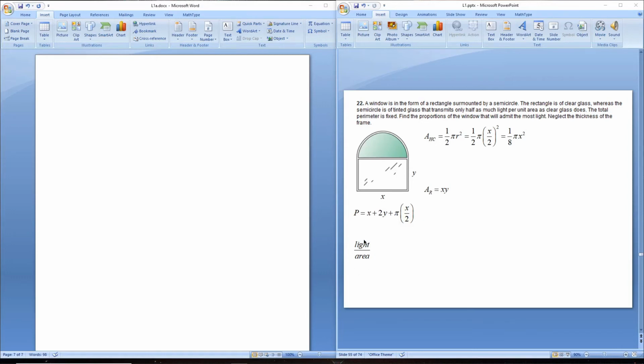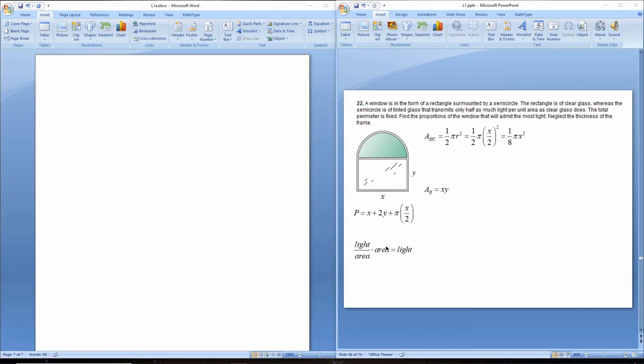Now, how do we get light from light per area? Well, words work just like numbers. If we want to get light from this, we multiply by area. And then areas cancel, and we'll have light. So words cancel.